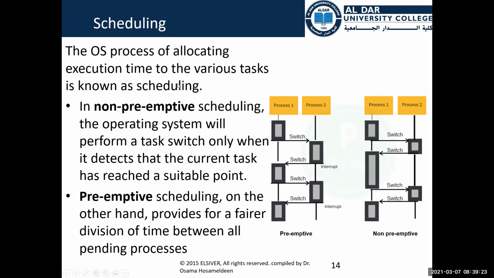The scheduling has 2 types. The first one is non-preemptive scheduling, and the second one is preemptive scheduling. The non-preemptive scheduling on the right-hand side means the CPU moves whenever it needs to switch. If you see, this is no interrupt. Here we have interrupt. In non-preemptive, there is no interrupt.